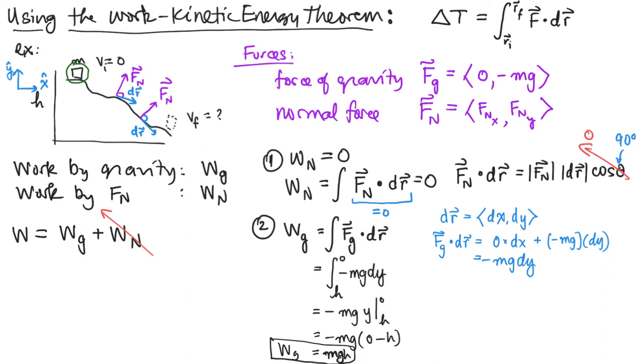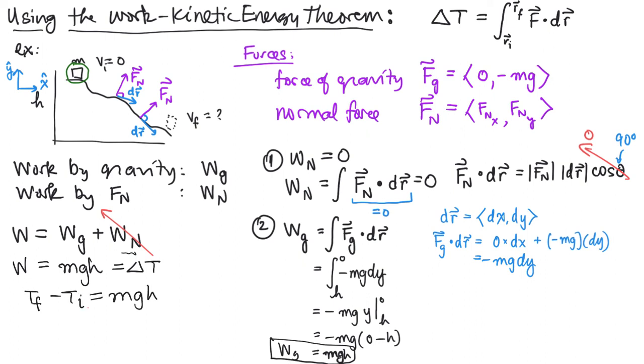So now we can use the work kinetic energy theorem, again back on the left side here, and we see that there's no work done by the normal force, but we do have work done by gravity, and that work by the work kinetic energy theorem gives us our change in kinetic energy. So T final minus T initial is equal to mgh.